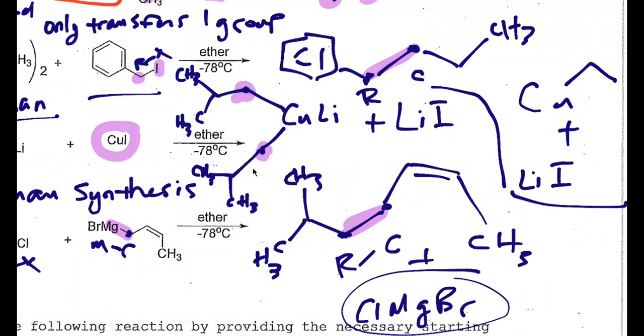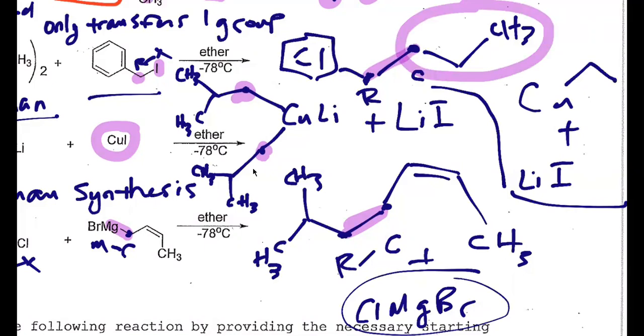Why does the copper take one of those groups? It had to give one up, right? Because we're doing a coupling. Mm-hmm. So it gave up one, and then it kept one. Because if you look at the carbon where it went, you do see this part, right? Where the group went to. Yes.